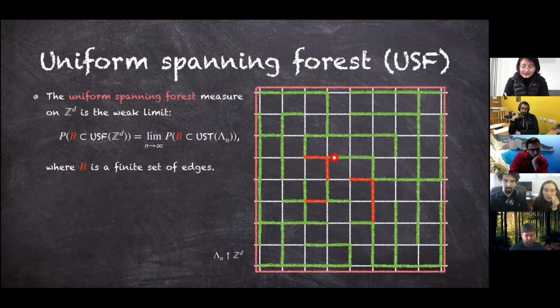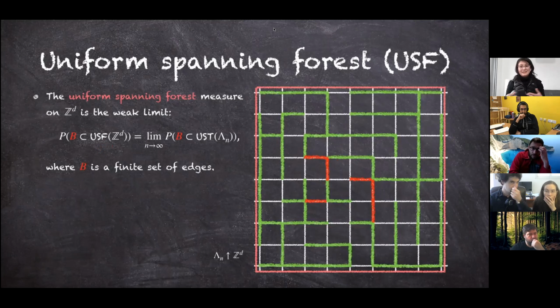And the probability that this specific set of edges B belongs to a uniform sample of spanning trees decreases. So this sequence of probabilities is monotone, decreasing, and has a limit. So we define the limit as the probability that this set of edges B belongs to the uniform spanning forest.